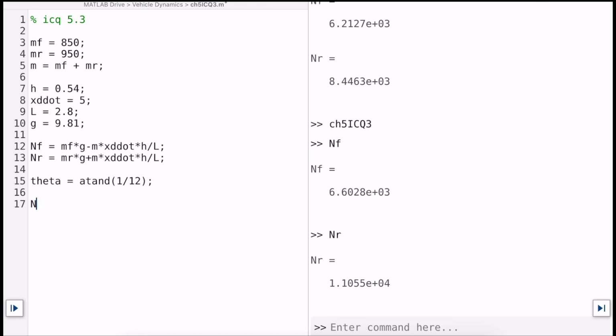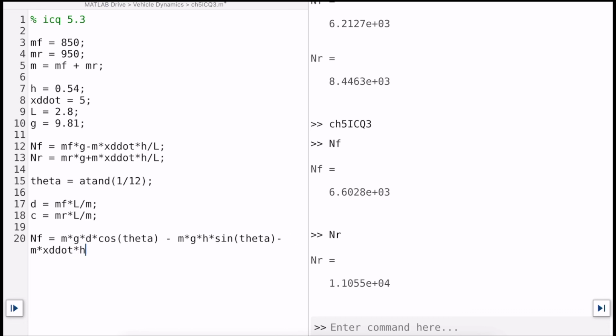And then we said NF. Oh yeah, d was MF times by L divided by M, and C was MR times by L divided by M. And then we said NF is M times G times D times cosine of theta, minus M times G times H times sine of theta, and then minus M times X double dot times H, and that's all divided by L. I think that's right.